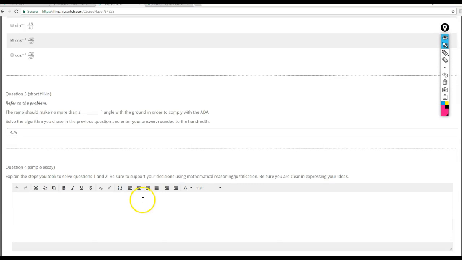So on step 1, we used proportions to check the height to length given from the ADA, which reduced to 0.083 repeating.